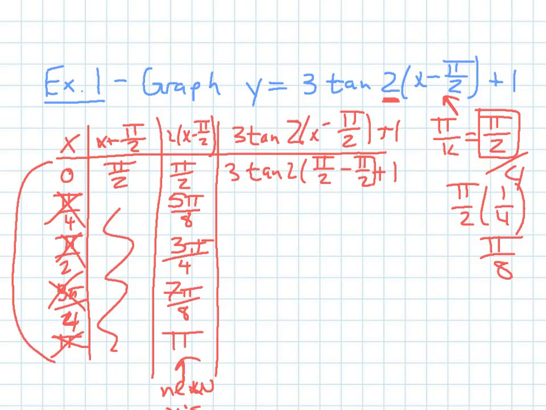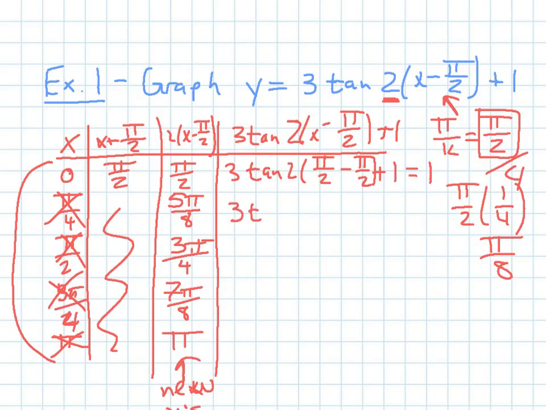So I should see a 0, pi over 4, pi over 2, 3 pi over 4, and pi when I do this. So pi over 2 minus pi over 2 is 0. 0 times 2 is 0. Tangent of 0 we already determined was 0. 0 times 3 is 0, plus 1 gives me 1.